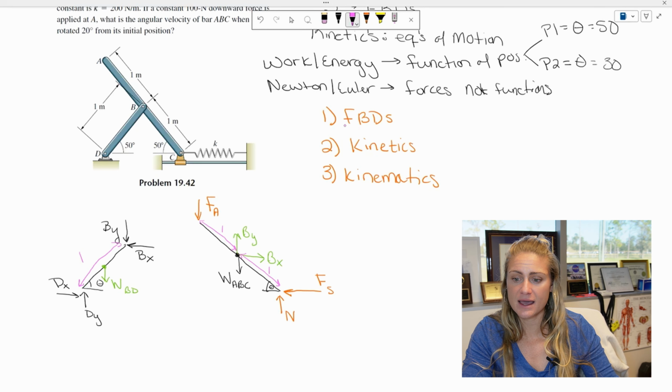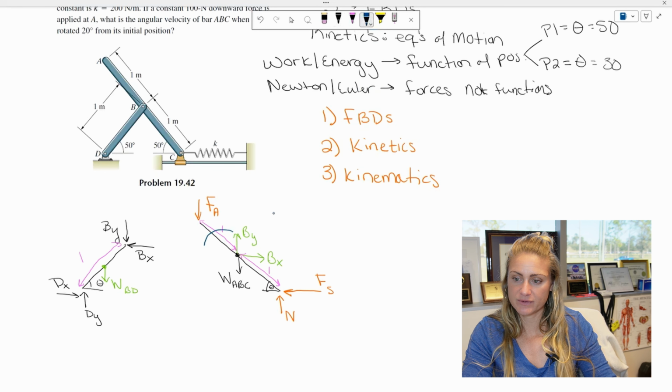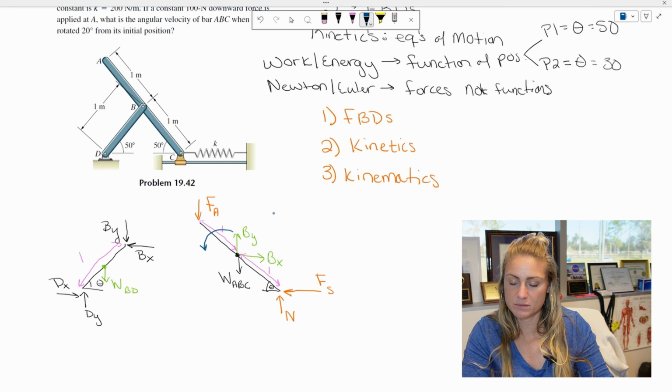That means that at the rate at which this rotates, let's do blue. So this one's going to rotate this way if I'm pushed down. So that's going to be a positive. So it's counterclockwise. So it's a positive omega ABC. It's an isosceles triangle.